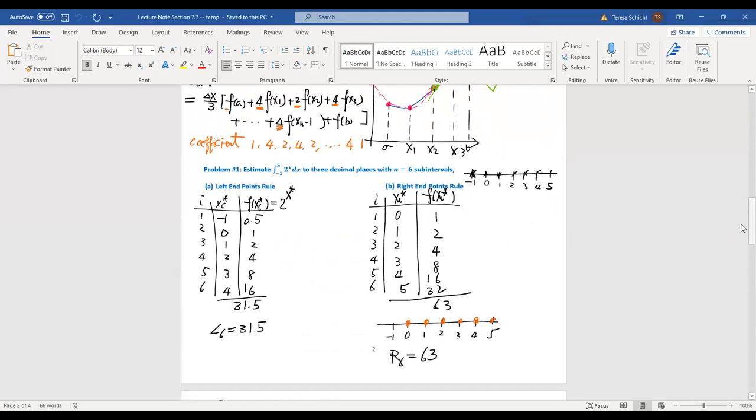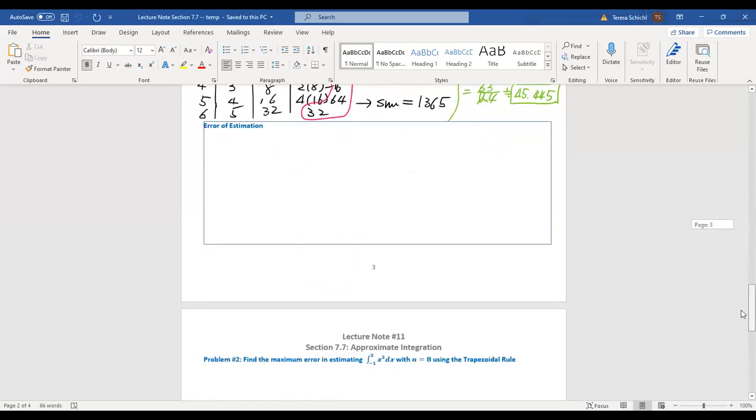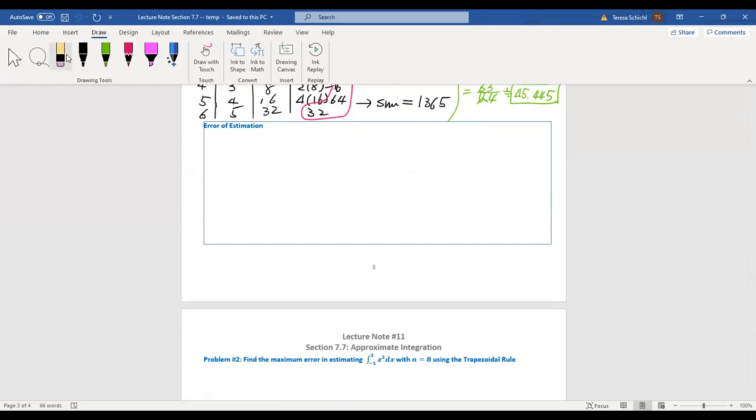Here we're going to look at the maximum errors when we use those approximations. How much error are we going to get? Of course, those errors depend on how many subintervals you use.